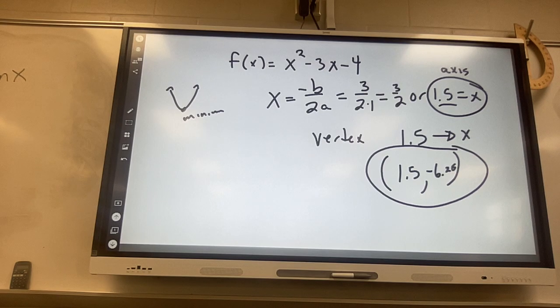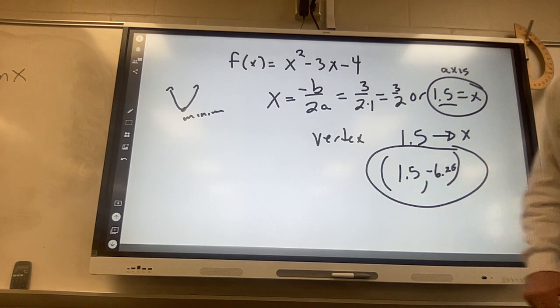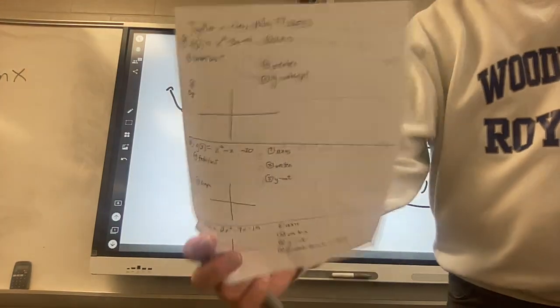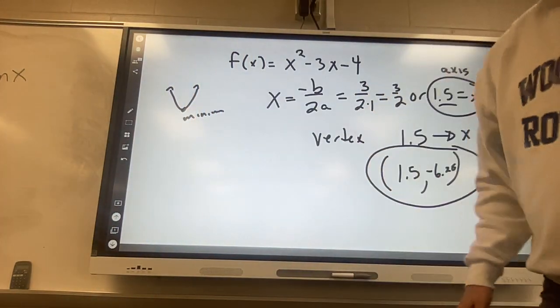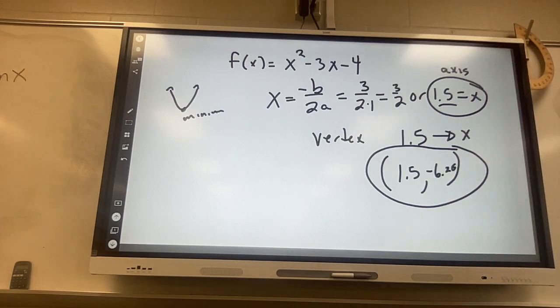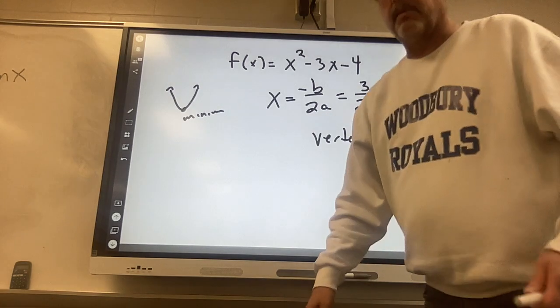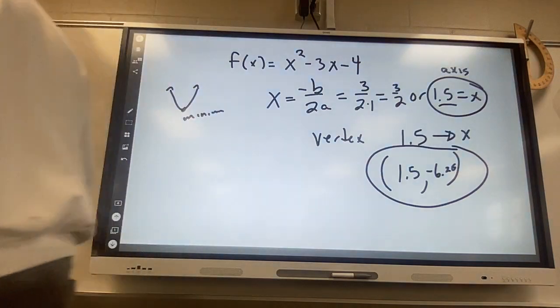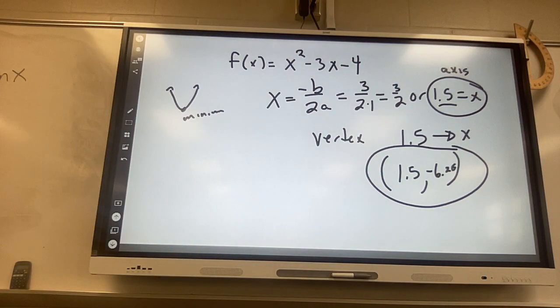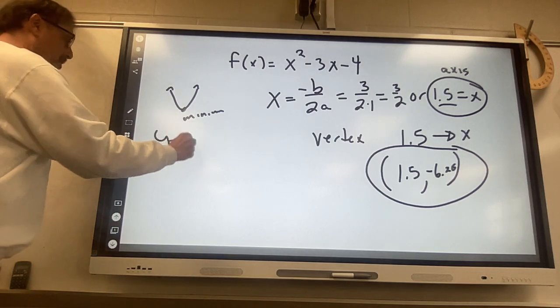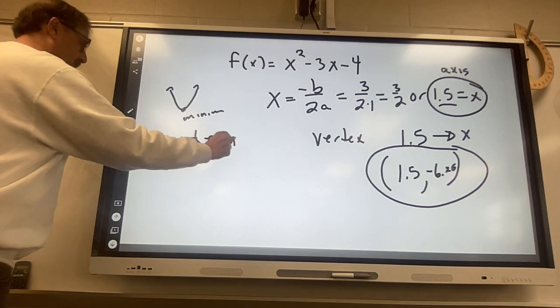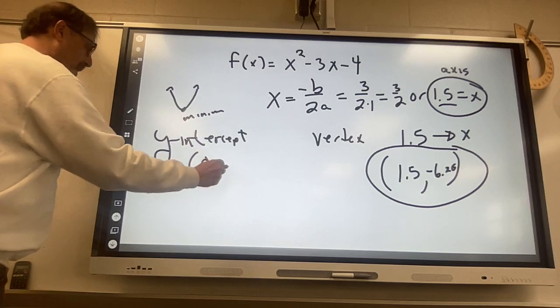All right. Next thing it's asking for is the y-intercept. This is brand new. This is brand easy. I'm going to write all this stuff on the sideboard because I'm recording this for all those children at home. The y-intercept is easy. The y-intercept is 0, c.